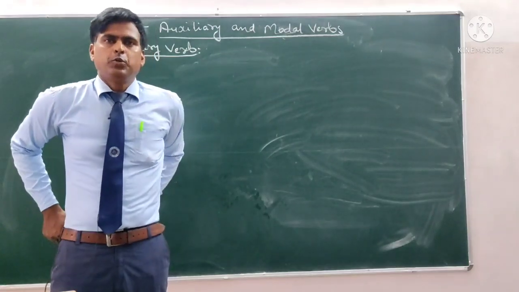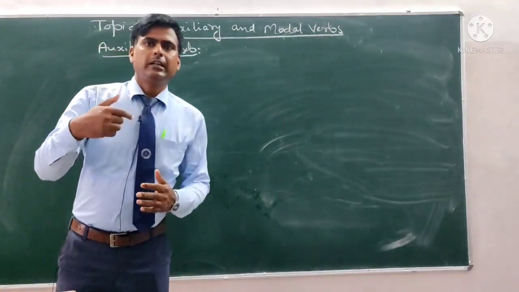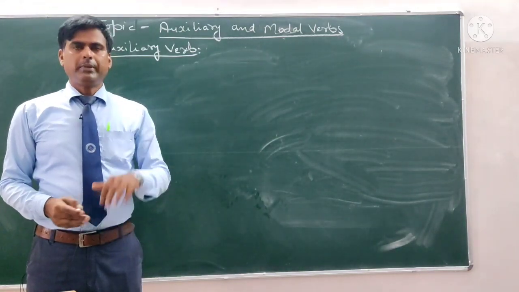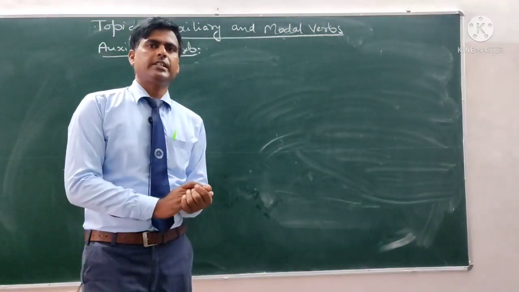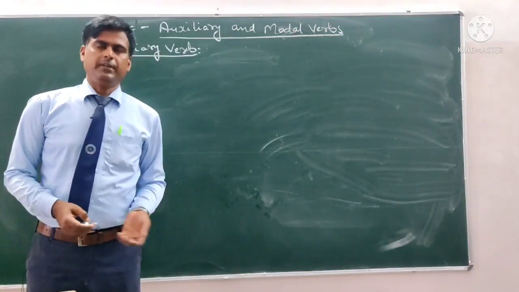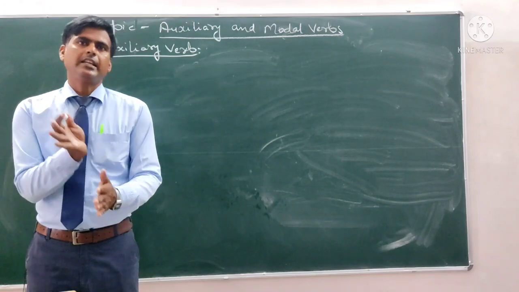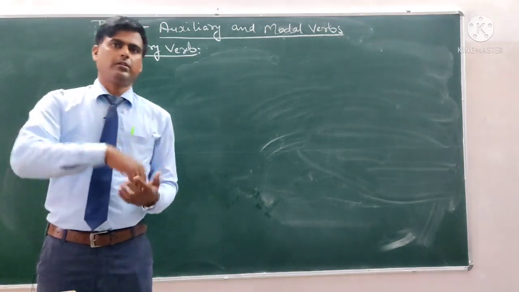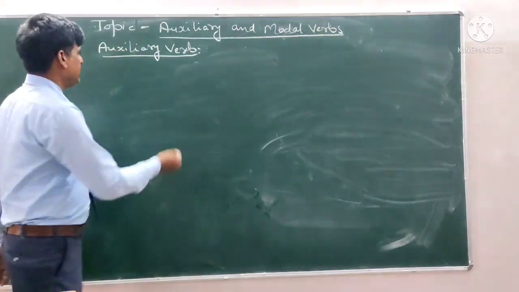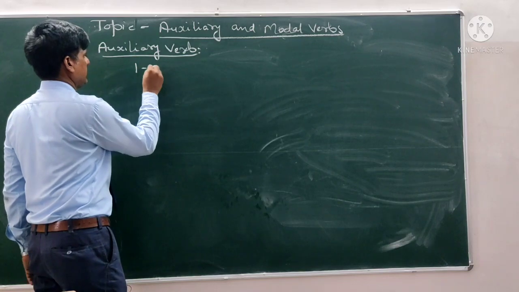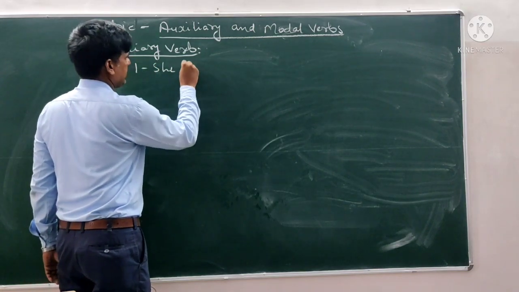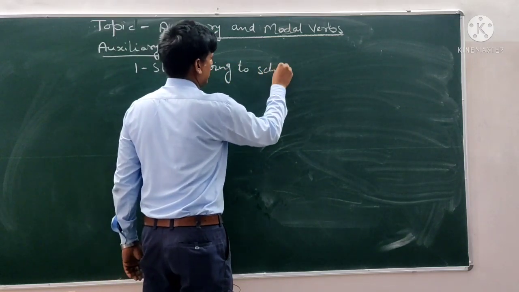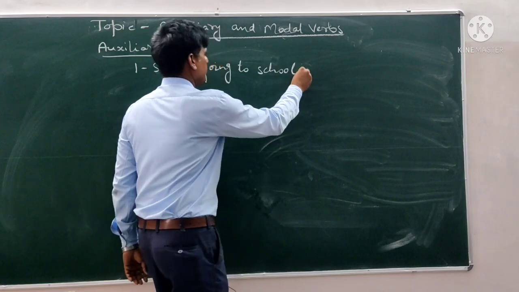Auxiliaries are used after the subject in affirmative sentences, but in negative and interrogative sentences they are used in a different way. In interrogative sentences they are used before the subject, and in negative sentences they are used before the not. For example, she is going to school.